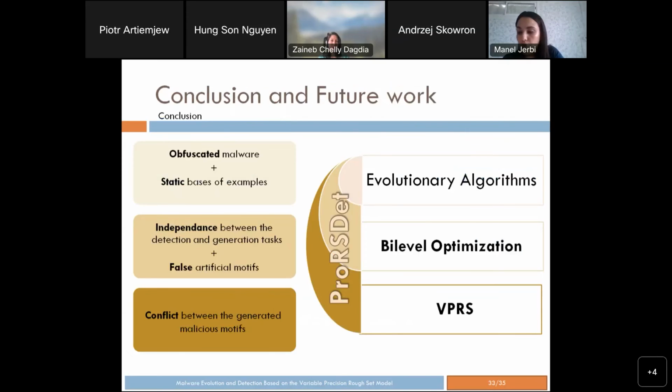So, to conclude, we can say that the outstanding number of malware, with a special mention to the obfuscated ones, are still challenging to detection systems, as they are mainly based on static bases of examples, which made the detection performance questionable. That's how we came to propose a new detection method that relies on evolutionary algorithms, bi-level optimization and the variable precision rough set model, and which showed its merits when compared to state-of-the-art methods.